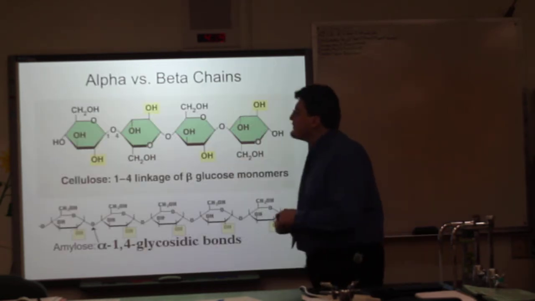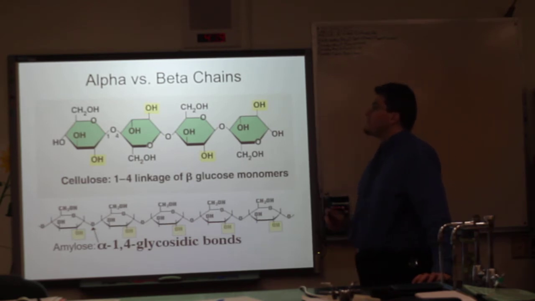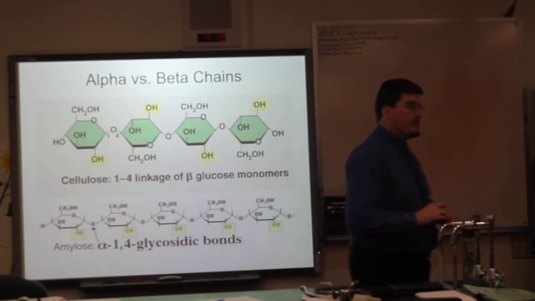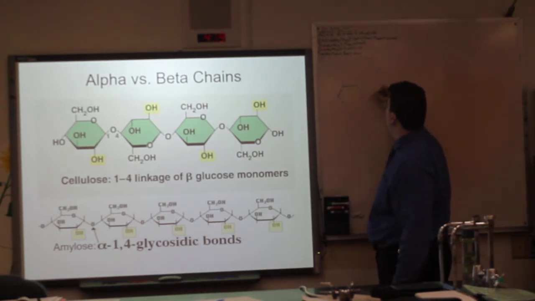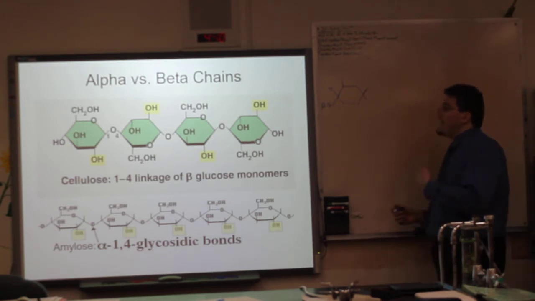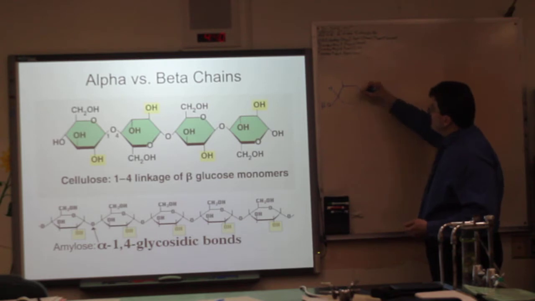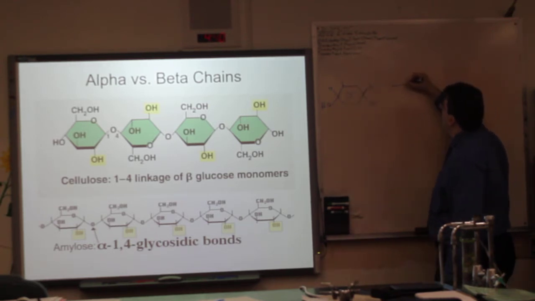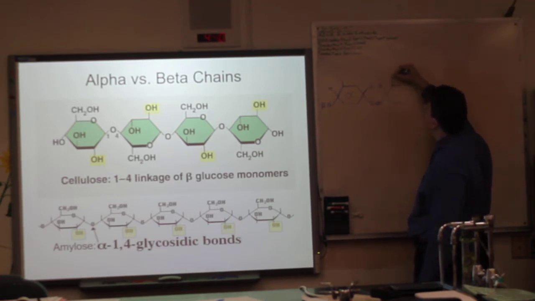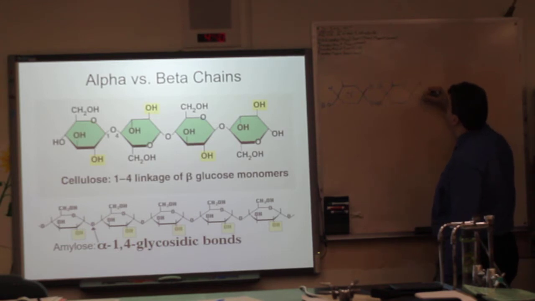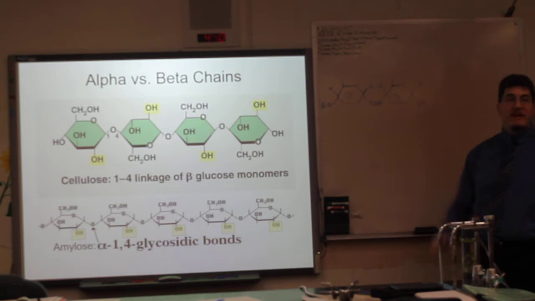Why does this matter? This matters because in order for any glucose to bond to any other glucose, and I'm going to draw this way, this will be alpha glucose, by the way, both hydroxyl groups must be facing each other.